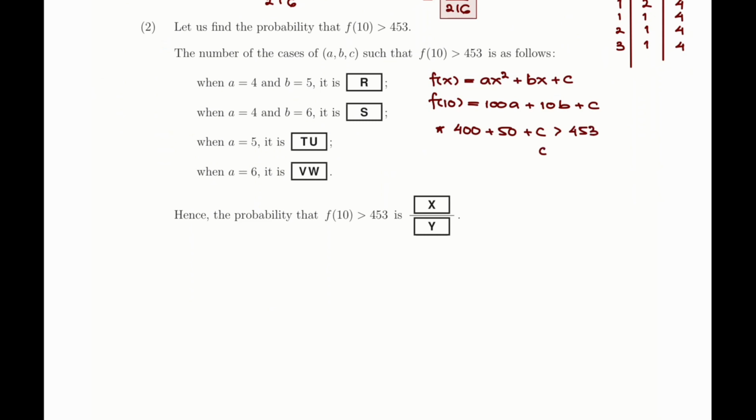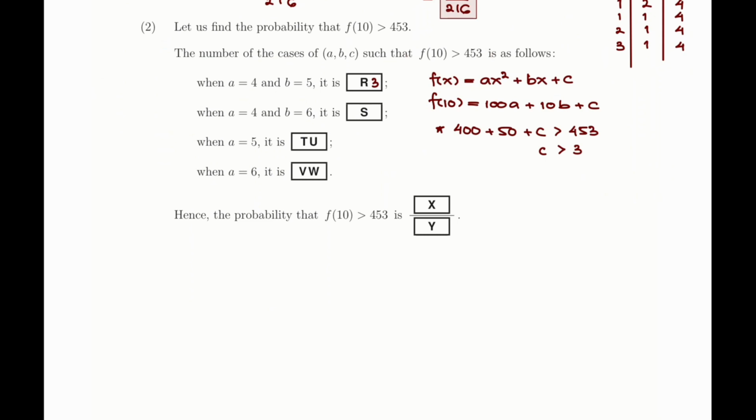That means c must be greater than 3. How many cases are there when c is greater than 3? The answer is 3 cases. C can be 4, 5, or 6. So, the number of cases when a is 4, b is 5, and f of 10 is greater than 453 is 3 cases.